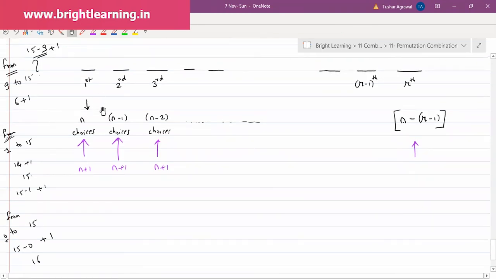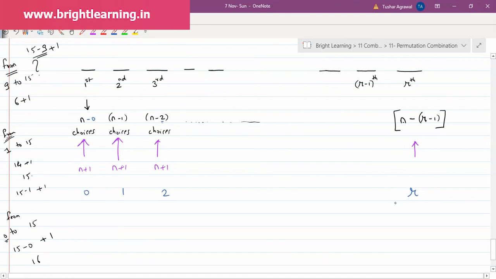Okay, so here actually it was n minus 0, minus 1, minus 2, and so on. So subtraction 0, subtraction 1, subtraction 2, and so on, going up to the rth place. If lastly I do n minus r, you have counted r plus 1 positions, 0, 1, 2, 3.